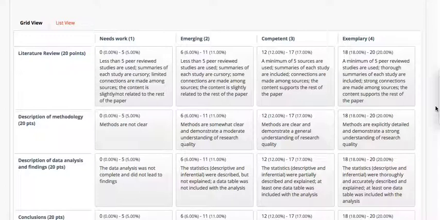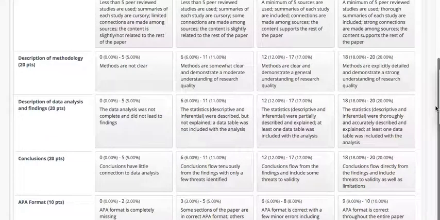And notice that at least one data table needs to be included and in the correct APA format. Then we have your conclusion section. So you're analyzing, all right, what did you find? And you're also labeling and identifying the threats to validity in your study. So it's not enough to just say instrumentation was a potential threat, but why?